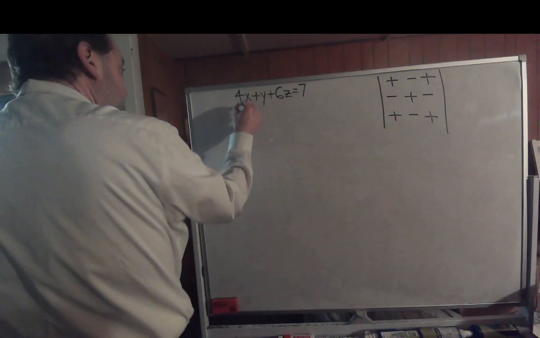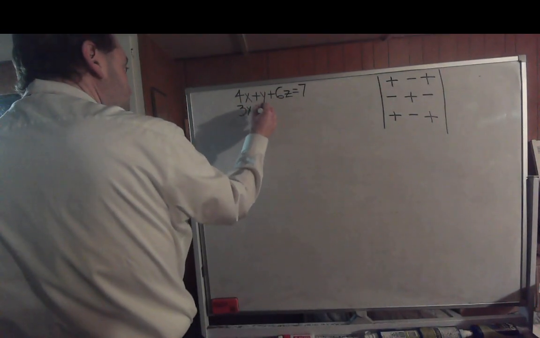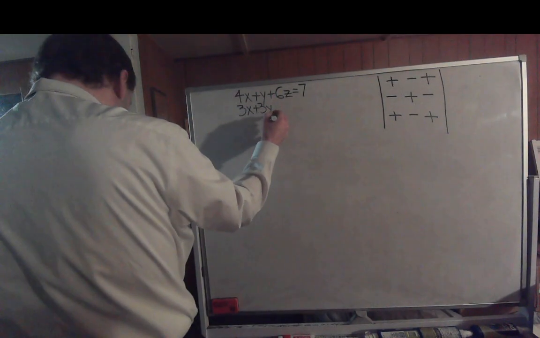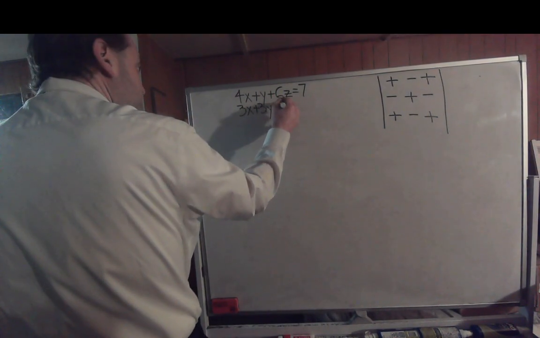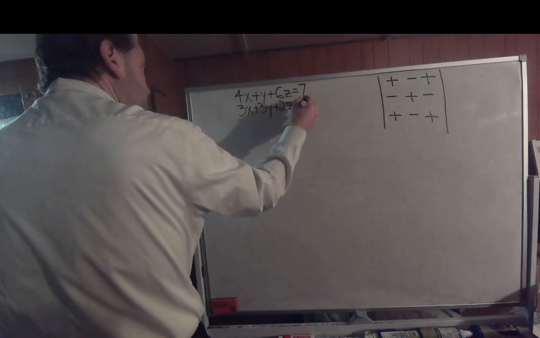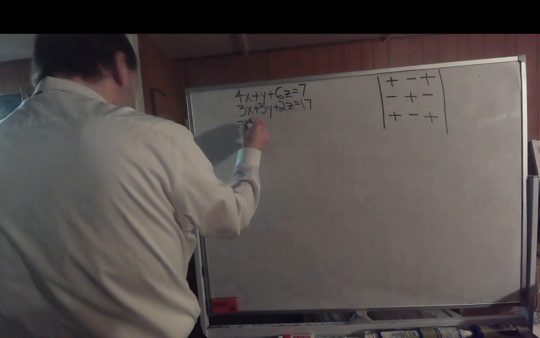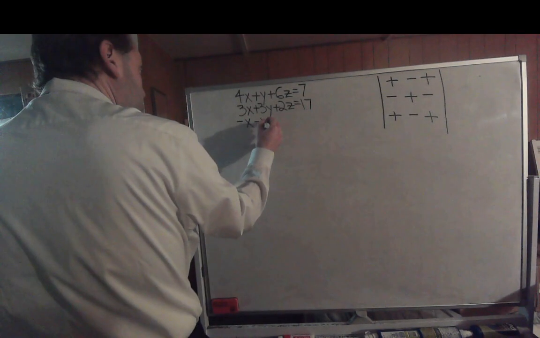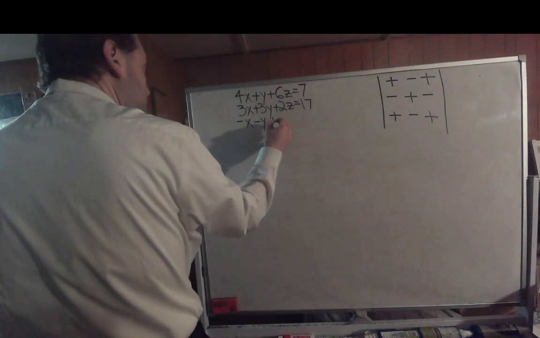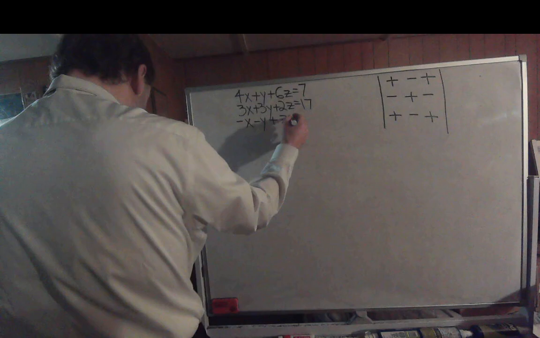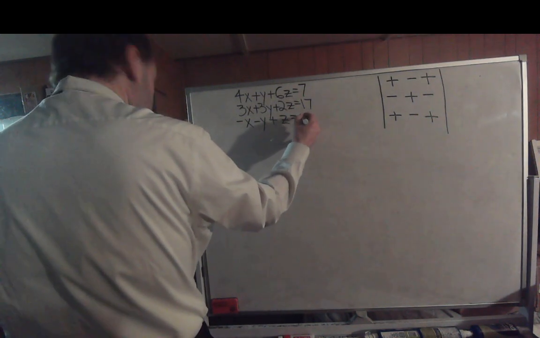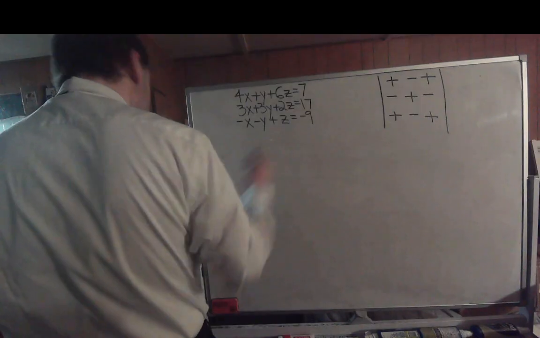Then we have 3x plus 3y plus 2z is equal to 17. Then we have negative x minus y plus z is going to be equal to negative 9.